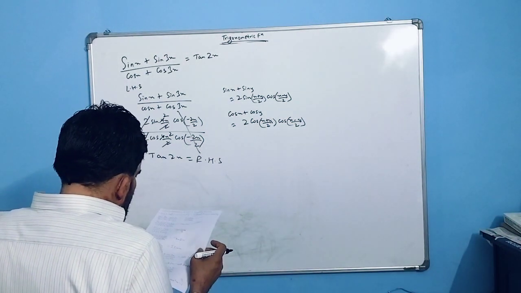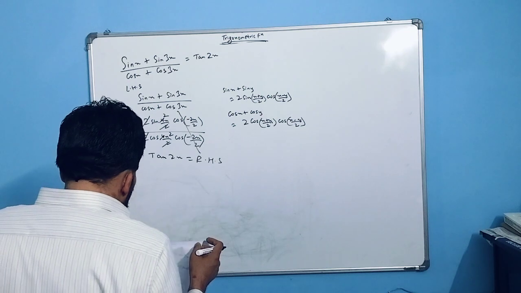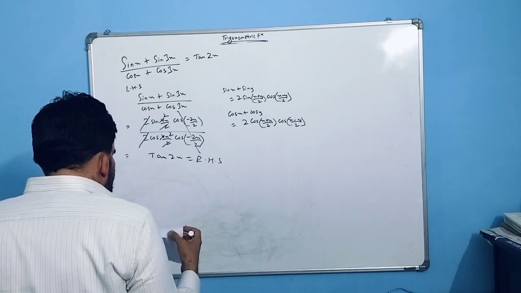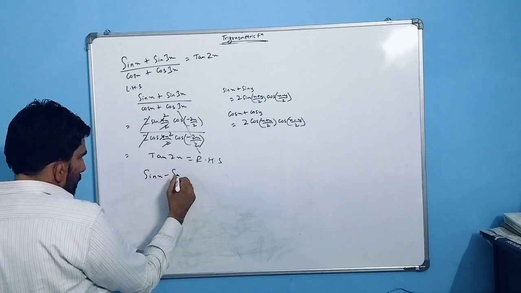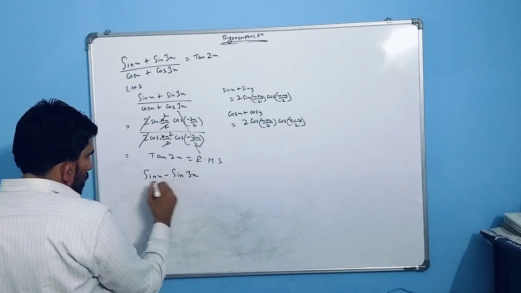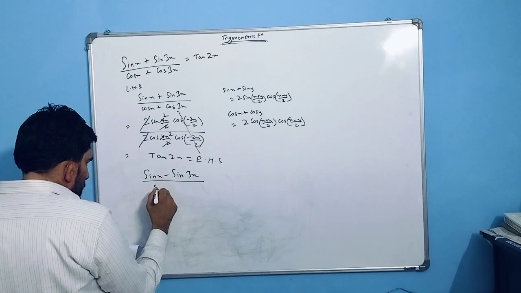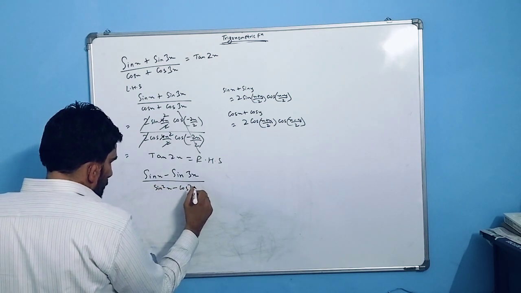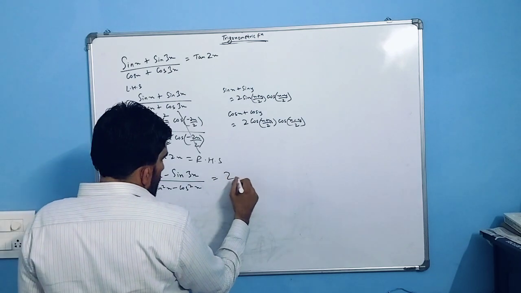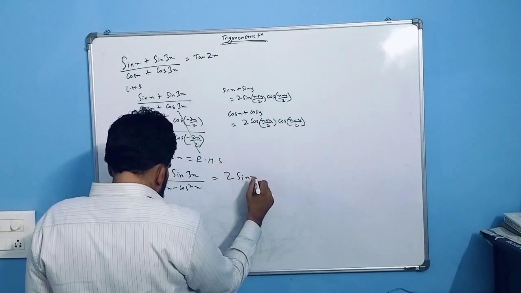Now let us try to solve one more numerical we have, that is (sin x minus sin 3x) upon (sin square x minus cos square x). We need to prove it equals 2 sin x.